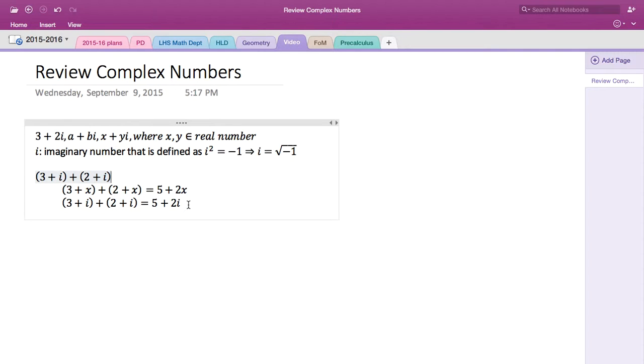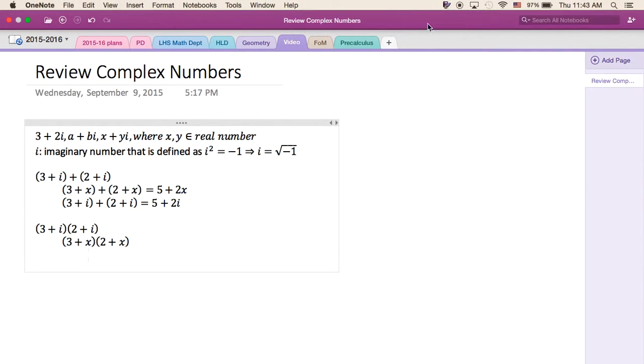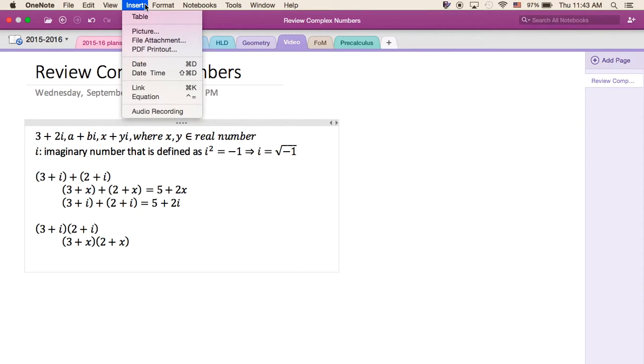Okay? But how do we multiply this? If you think about 3 plus i times 2 plus i as 3 plus x times 2 plus x, in Algebra 1 we have learned the box method, so let's do the box method.